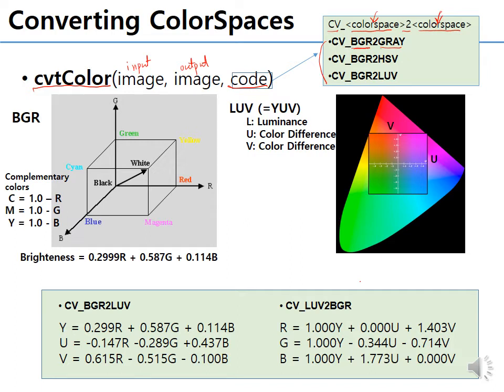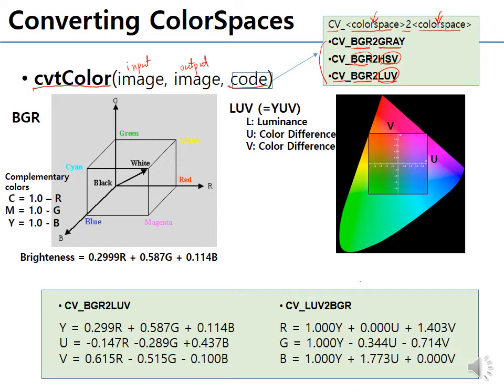This is not a color space, this is grayscale. CV underbar BGR to HSV, hue saturation value color space, and CV BGR to LUV. So I will explain what LUV is, what HSV is, and what BGR is.